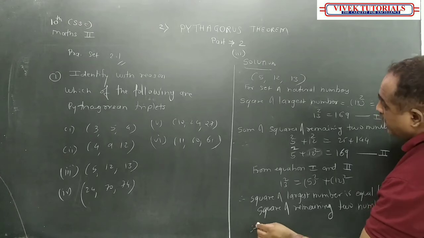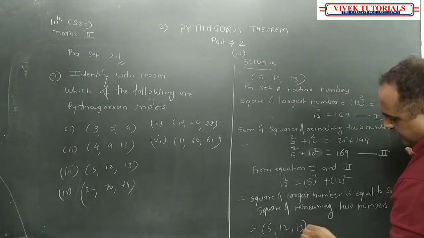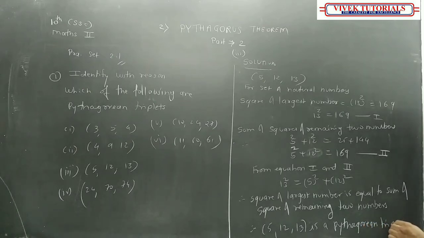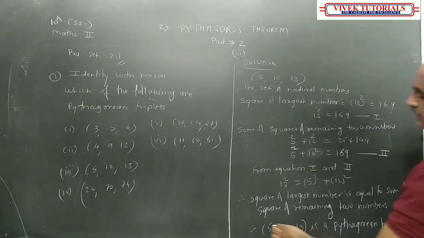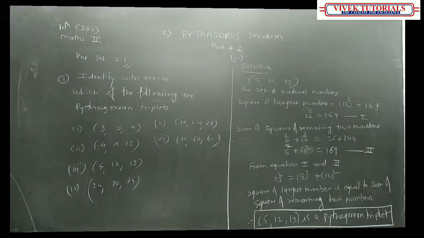Therefore, 5, 12, 13 is a Pythagorean triplet. Have you understood this? So copy it down properly.